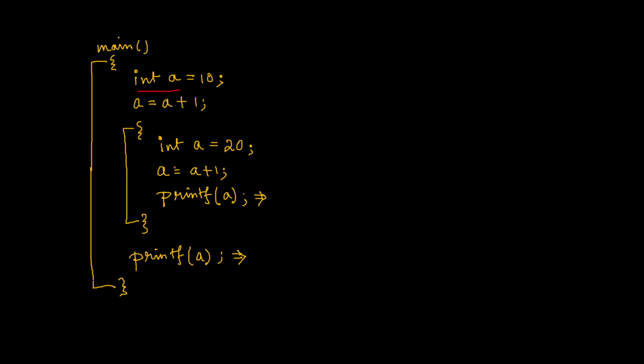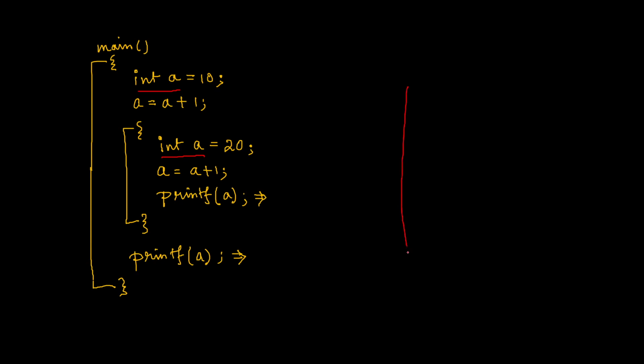It should not be expected. But interestingly, this is not a wrong program. The question is why? Why is it not a wrong program? So if I just draw the scope of this one and try to analyze what's happening, I hope the confusion will be clear.